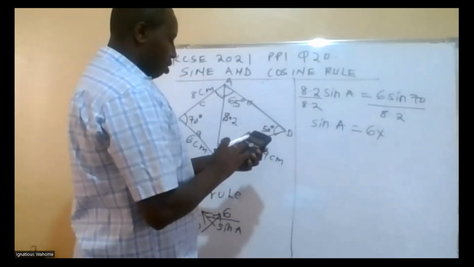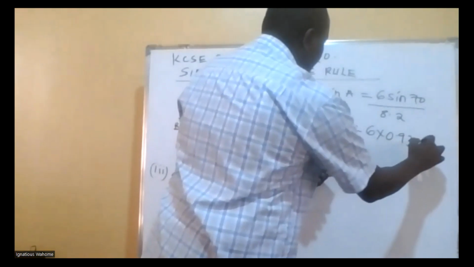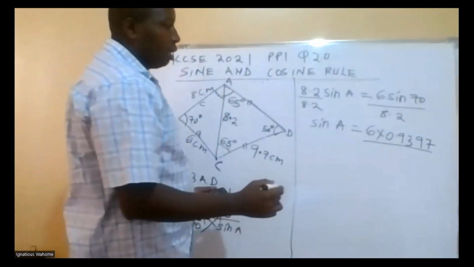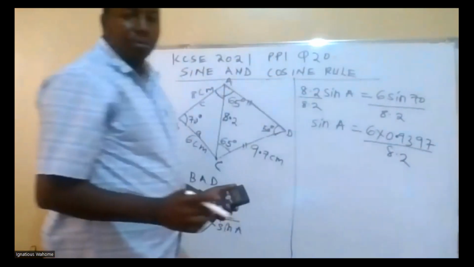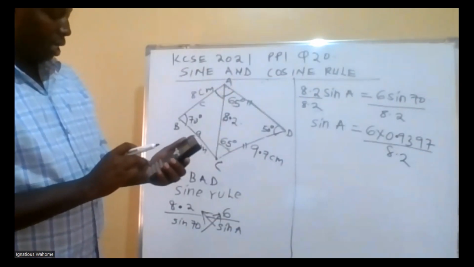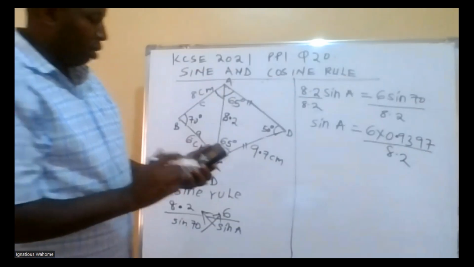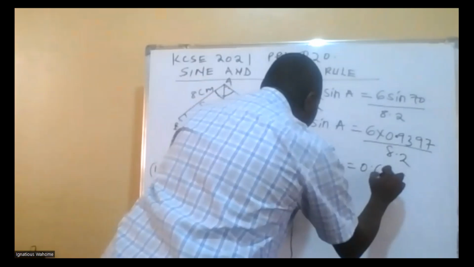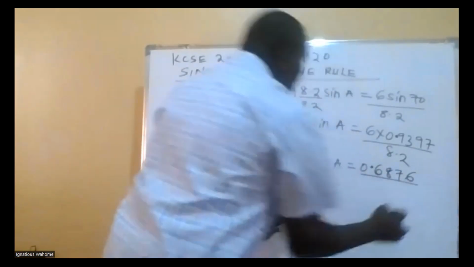You can use your maths table or your calculator: sine 70 is 0.9397. Then 6 times 0.9397 divided by 8.2. We get that sine A is equal to 0.6876.